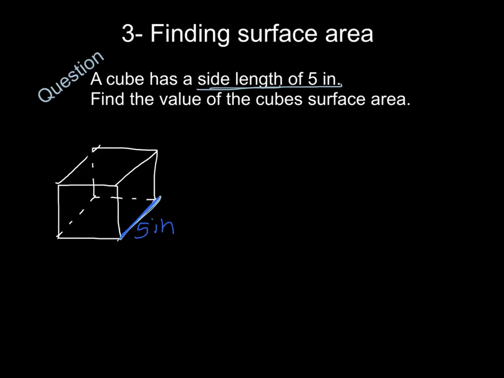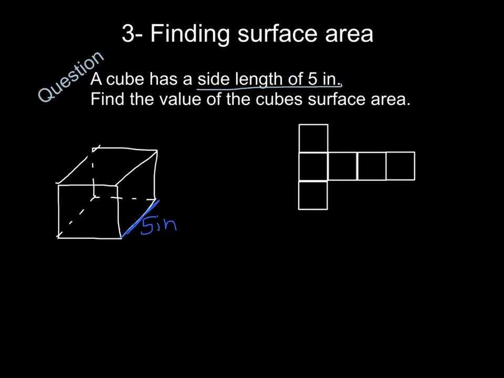Now, since we are trying to find the surface area of the cube, we can unfold the cube to show the net. Now remember, our net is just our different squares that make up the cube, unfolded so that they lay flat. So there's still the 6 here.